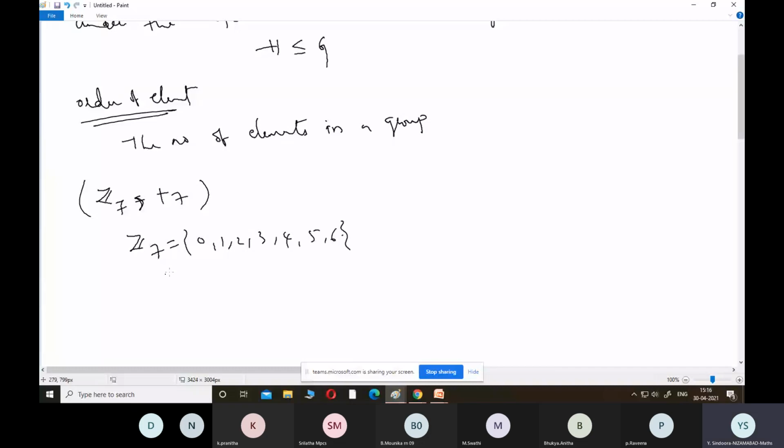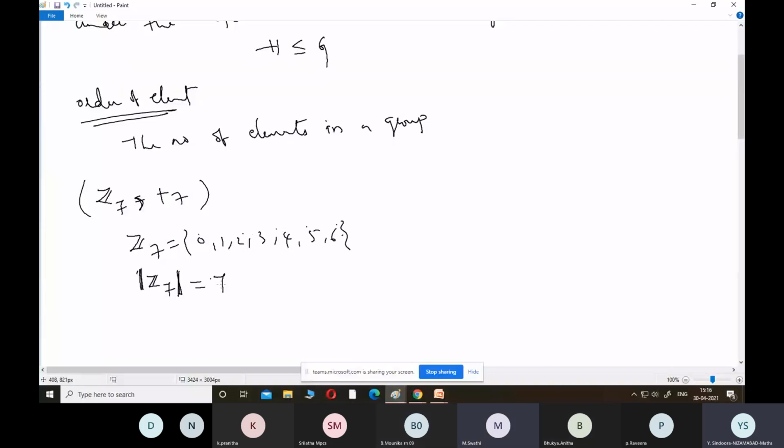How many elements do we have? 1, 2, 3, 4, 5, 6, 7. So the order of Z7, which I denote inside straight lines as the order of the group, is 7.